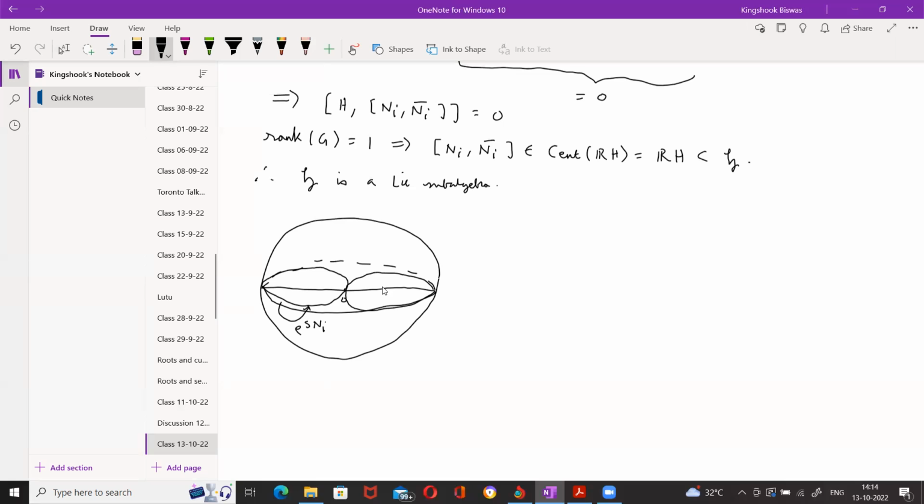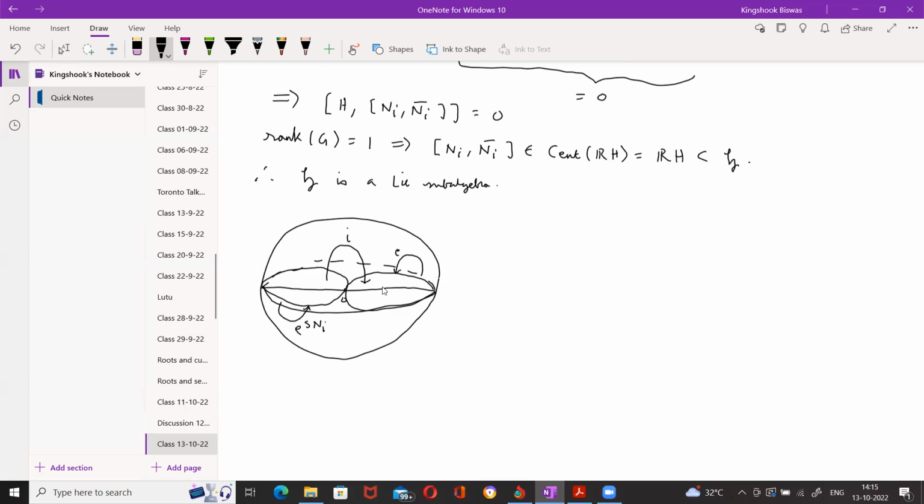And it conjugates this e to the s ni to, so this is the geodesic involution I, and this point will map to this point, and this point will map to this point. So this e to the s ni will act like this on this horosphere.